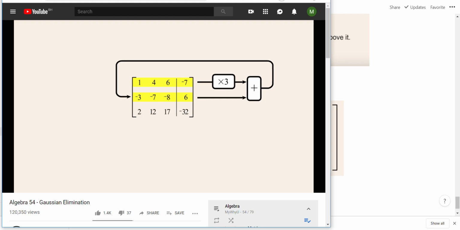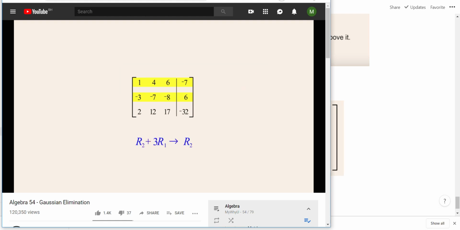We notate this pivot operation by writing R subscript 2 plus 3 times R subscript 1, followed by an arrow and R subscript 2, indicating that 3 times row 1 is added to row 2, with the sum replacing row 2. So let's perform the pivot operation.